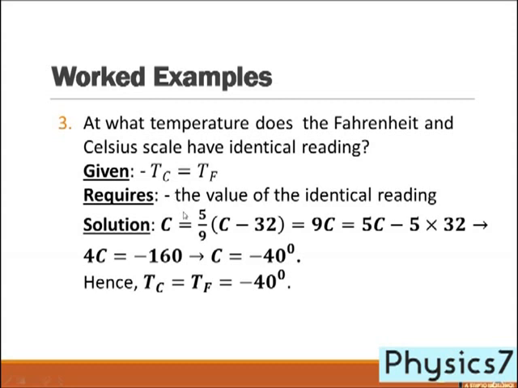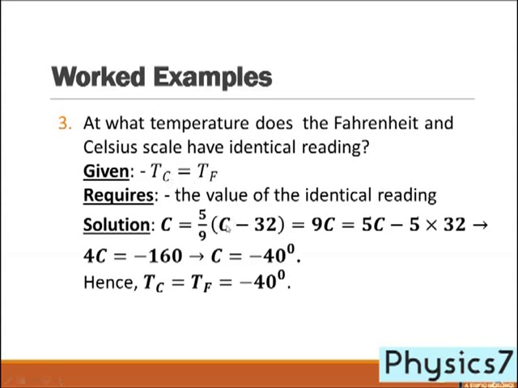So what we need to do is use the expression that the temperature in Celsius is equal to 5/9, and then bracket the temperature in Fahrenheit minus 32 close bracket. But this time we're going to put the temperature in Fahrenheit as C, because we want to know what will be the temperature in degrees Celsius when it's identical to the temperature in degrees Fahrenheit.